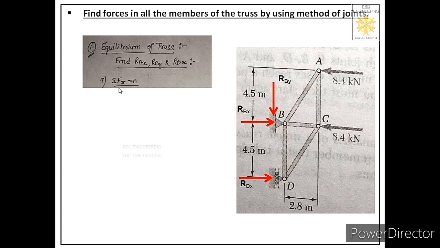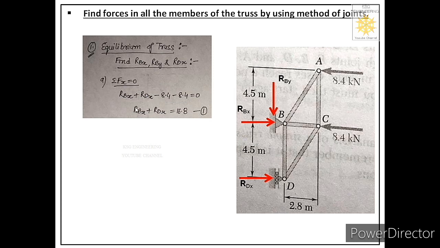Now we have to see how many forces are acting in x direction. So there are 4 forces acting in x direction. One is Rbx, Rdx and these two external forces. Rbx and Rdx both are acting towards right, so we will consider these two positive, and these two external forces are acting towards left, so we will consider these two negative.